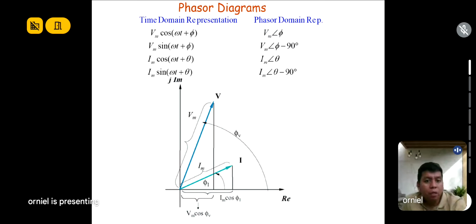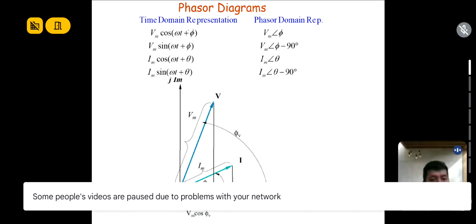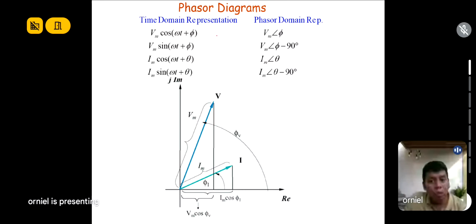Now, basically, this is the representation of the time domain and at the same time the phasor domain. For the time domain, Vm cosine omega t plus theta, and then the phasor domain. And for the sine, sine omega t plus theta, from the graph earlier, the sine omega t lags, that's why we have negative 90.